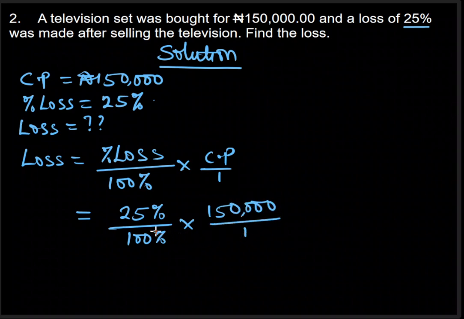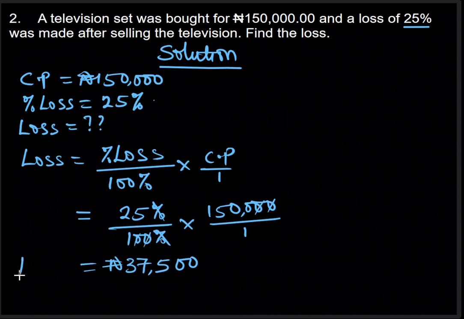The percent cancels the percent, 0 0 and 0 0. If we multiply this, our loss will be equal to 25 times 1,500. That will give us 37,500.